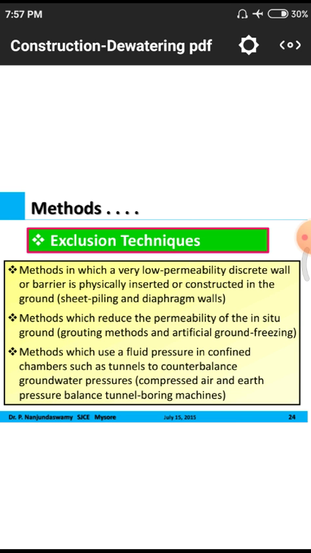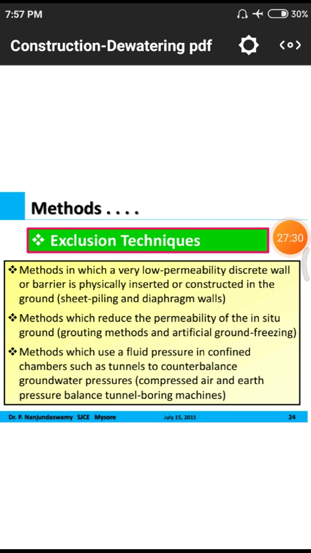Fluid pressure means that, due to the pressure, they extract the water available in the field itself. But in some cases the groundwater pressure also has a tendency to leak or distribute the water, so compressed air will be flowing onto the earth, and due to this compressed air the water leaves from the surface.